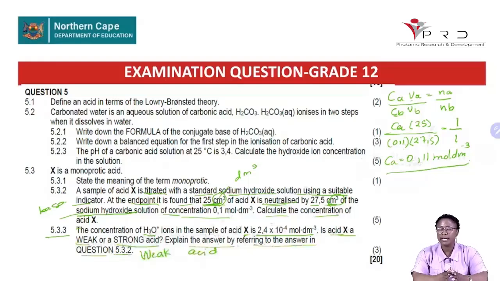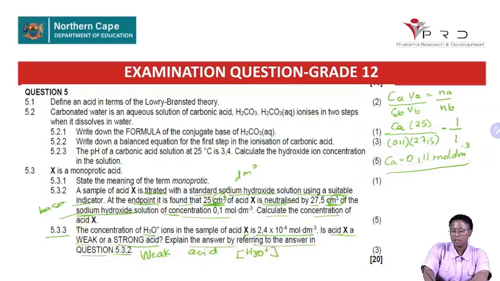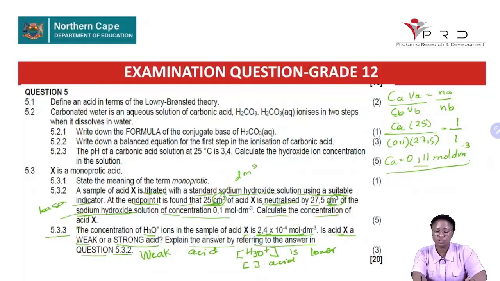So that is why it is called a weak acid. The concentration of H3O plus is lower than the concentration of the acid, which is 0.11. It is greater than 2.4 times 10 to the power negative 4. I hope you guys got the correct answer.